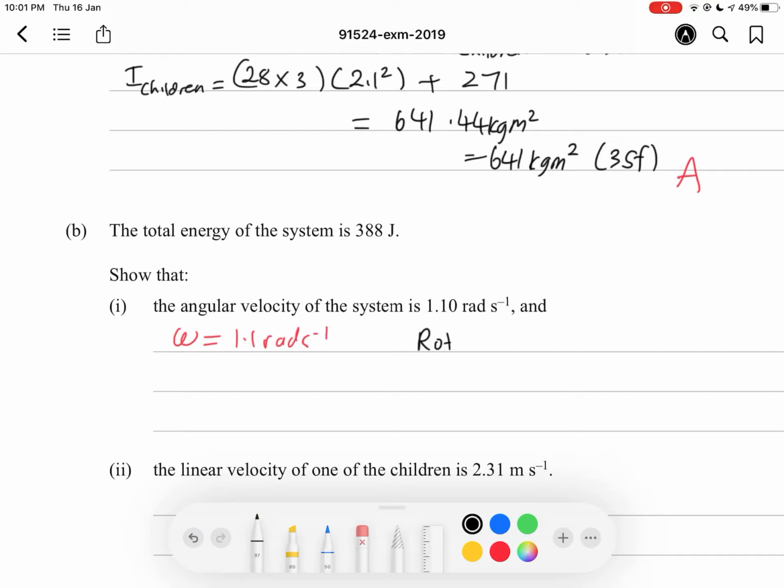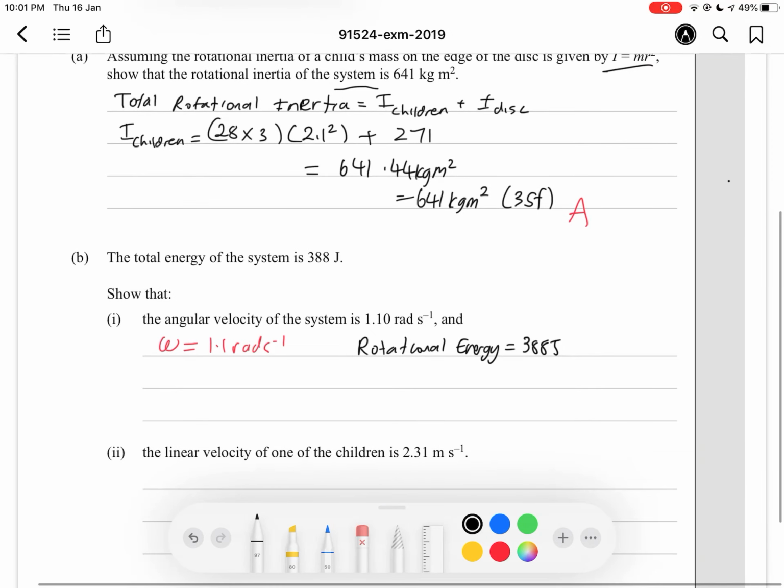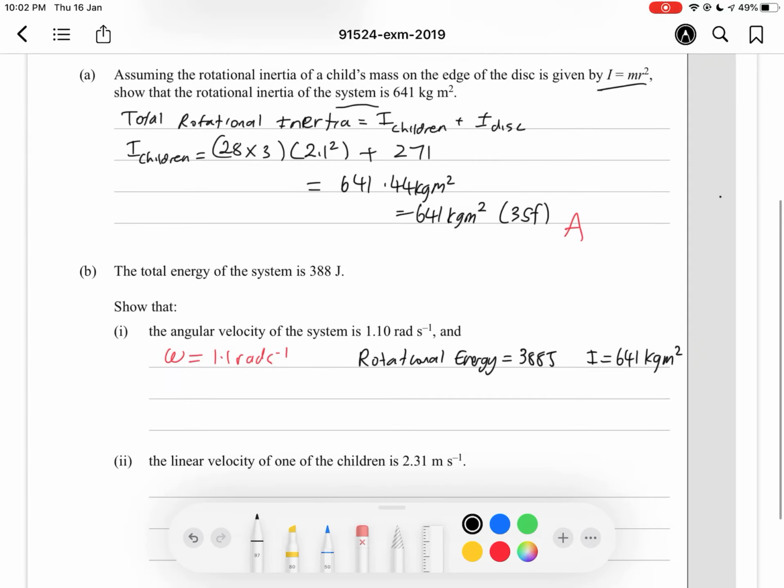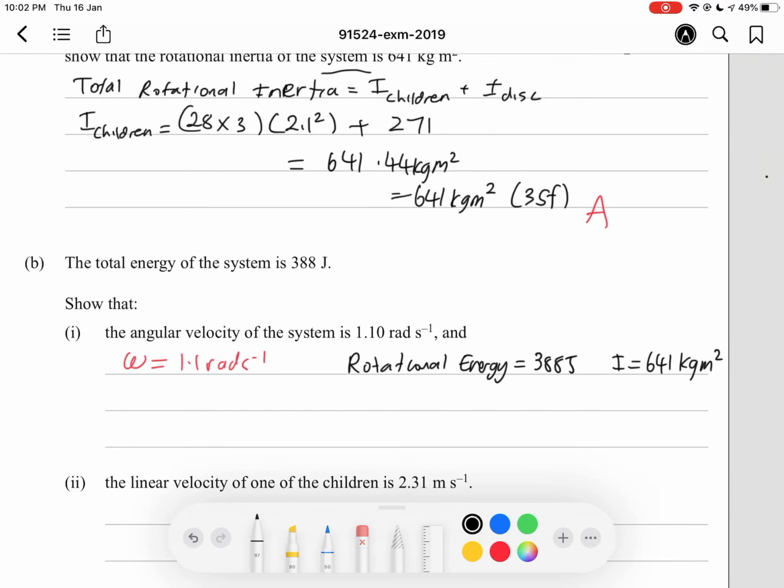Alright, so we have that the rotational energy is equal to 388 joules. We have the total rotational inertia, 641 kilogram meters squared, and that's all we have.